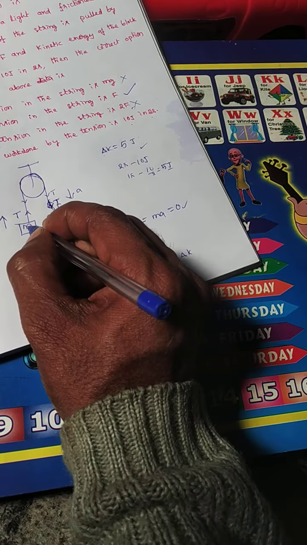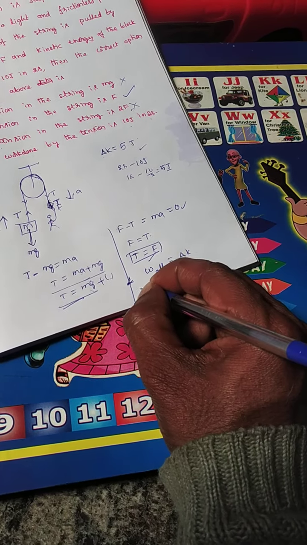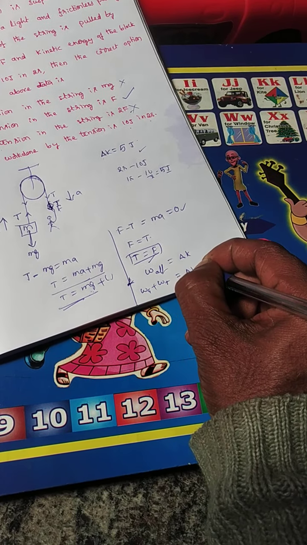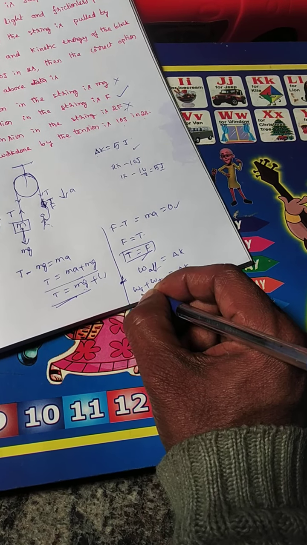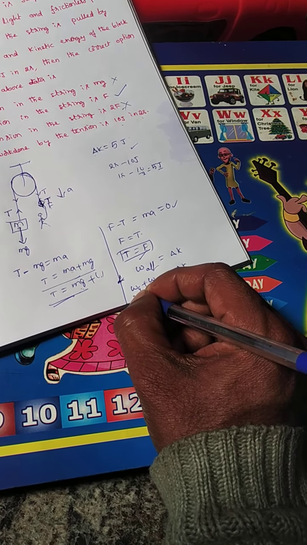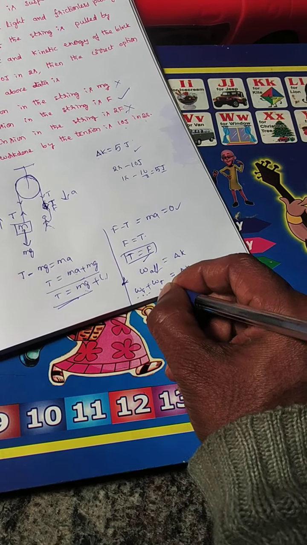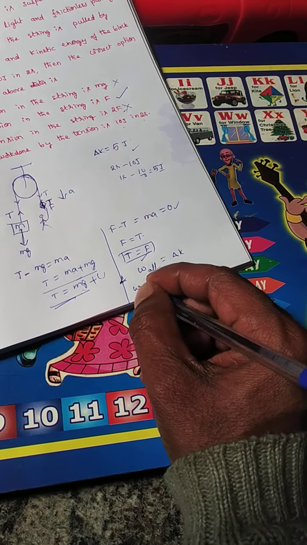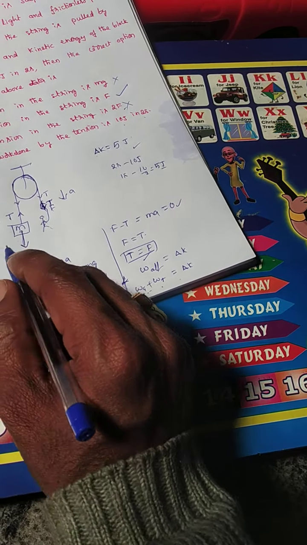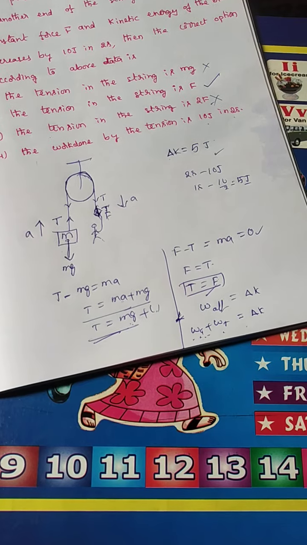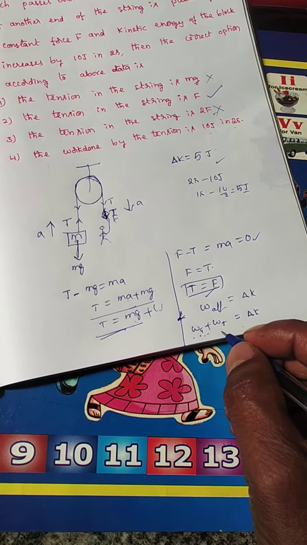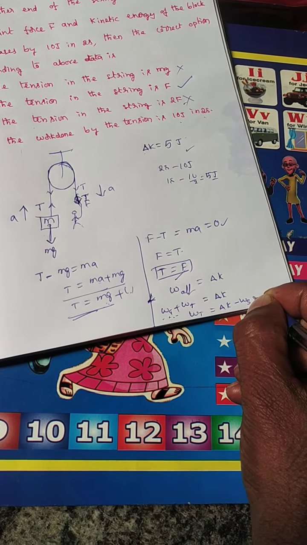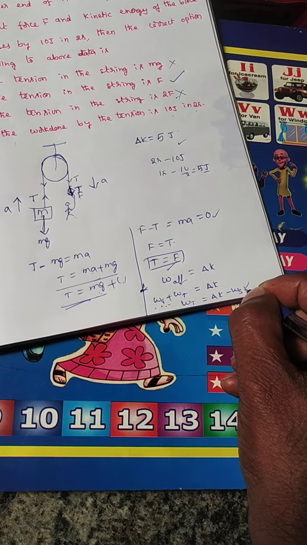The forces acting here are the gravitational force and the tension force. So work done by gravity, mg into S, plus work done by tension, T into S, is equal to delta K. So work done by tension WT is equal to delta K minus the work done by the gravitational force.